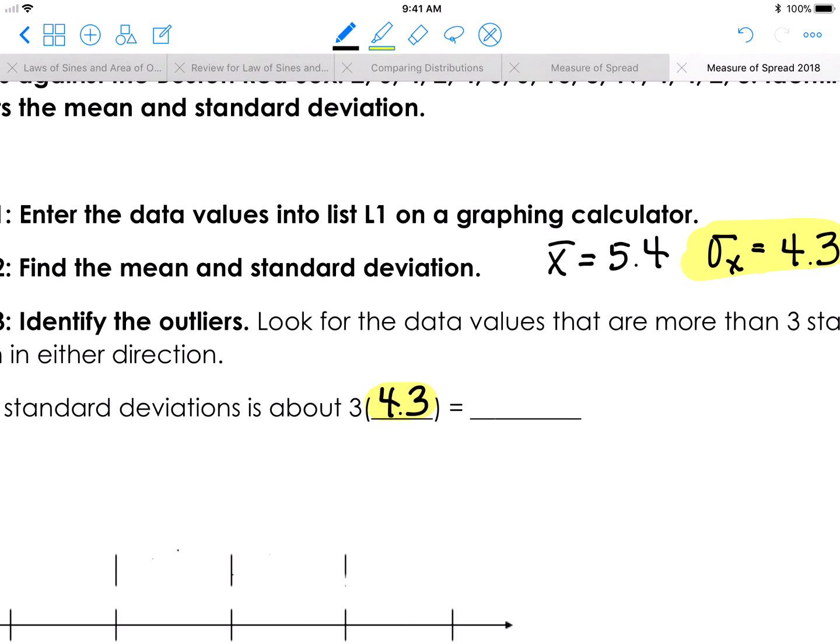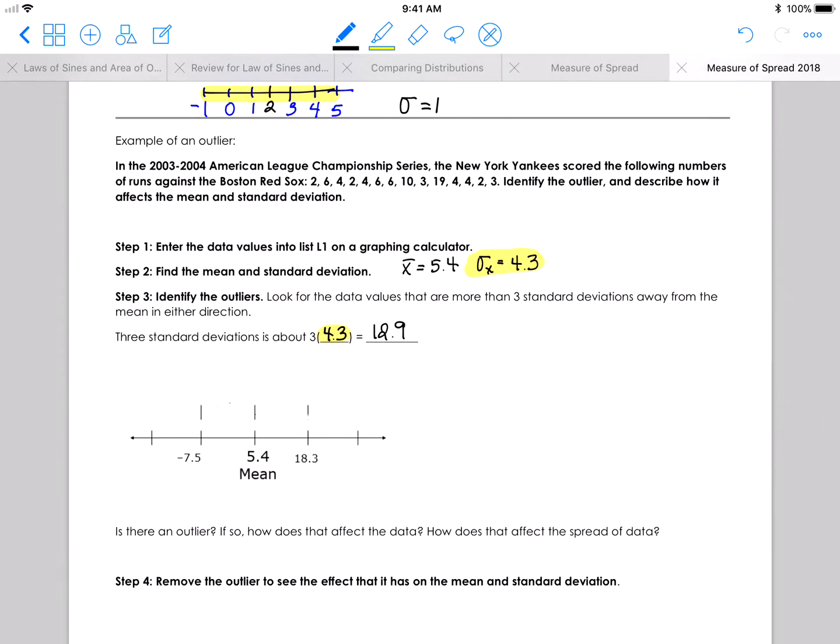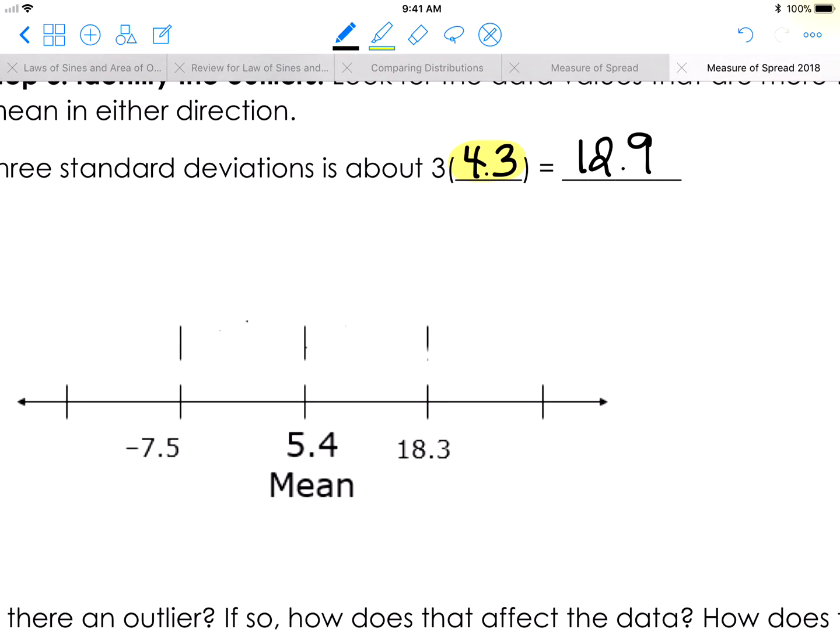So when you do that, I think you get 12.9, right? So 3 times 4.3, we get 12.9. That means if our mean is at 5.4, then if we add 12.9, we're going to be 3 standard deviations away from the mean.